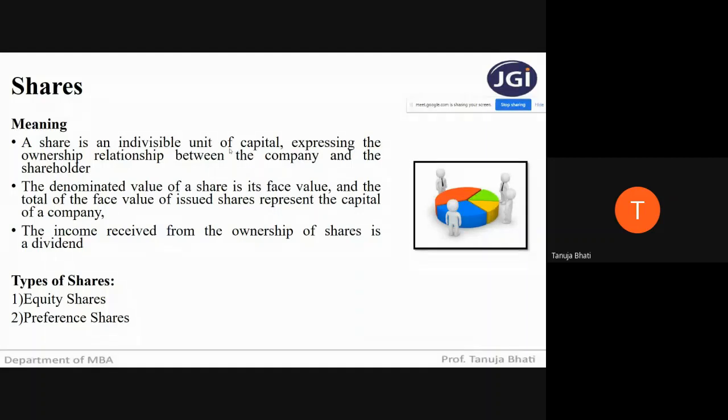The income received from the ownership of shares is a dividend, because no person will invest in any financial instrument without a motive of getting something in return. Even when you're investing in debentures, in a bank, or in shares, you will always invest with the motive of earning a profit. So when you put your money in shares, you put it to get something in return, and that return on shares is nothing but dividend.